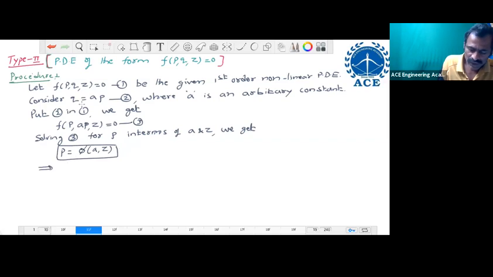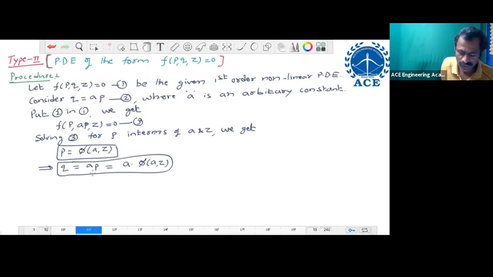If you know the p, we can get the q, which implies q equal to ap equal to a into phi of a comma z. Now we know the q and p. We substitute both in the total differential to find the solution, that is z in terms of x and y.